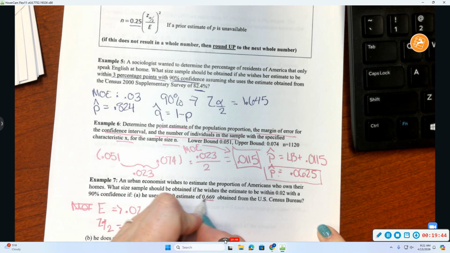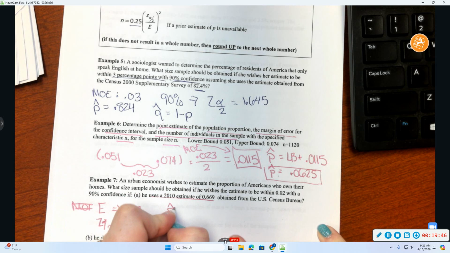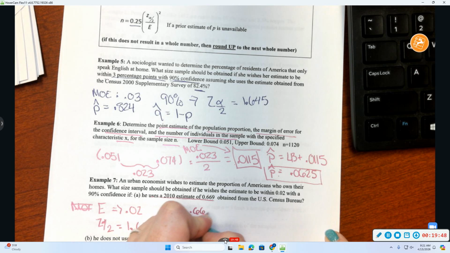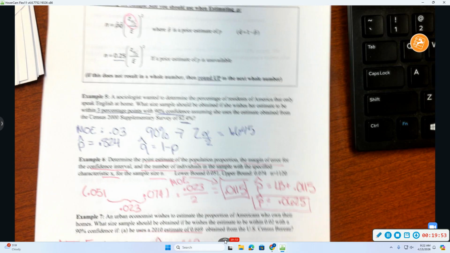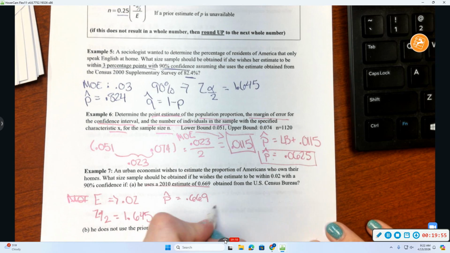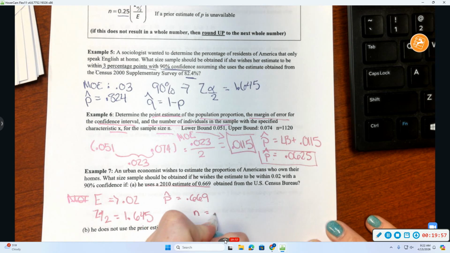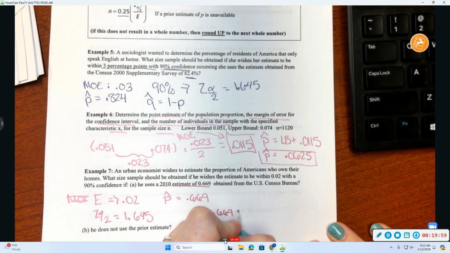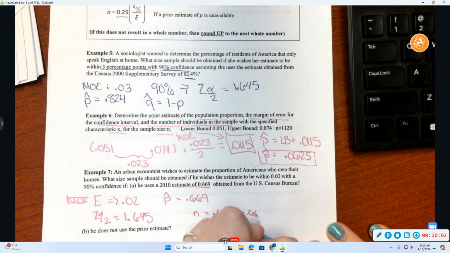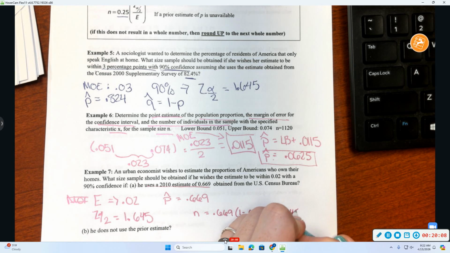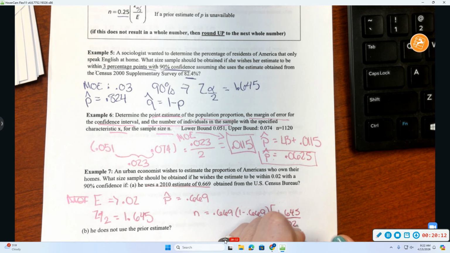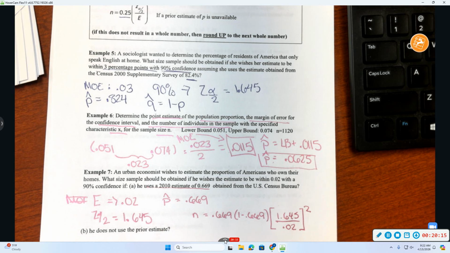Then we use a point estimate, so p hat is given. So N equals 0.669 times 1 minus 0.669, times 1.645 divided by 0.02 quantity squared.